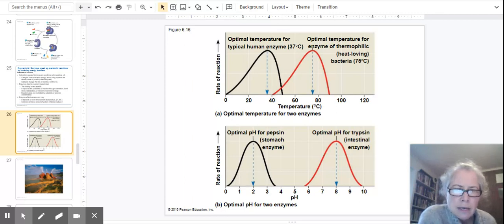And these enzymes are optimized for their local environments. Notice, however, that the damage that pH does is equivalent on either side of the curve. So this doesn't have an uneven shape like the ones up here. They're more mirror-imaged curves.